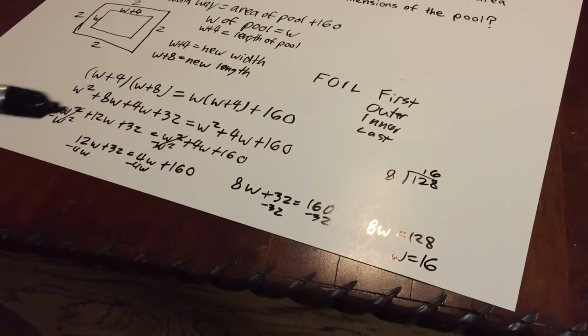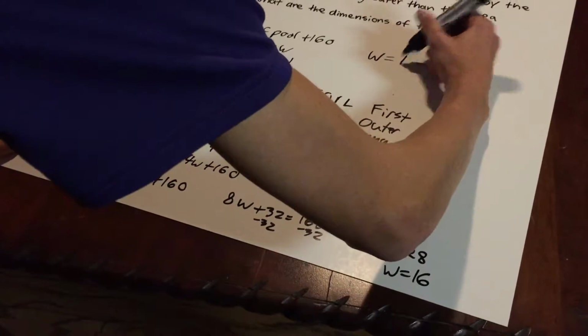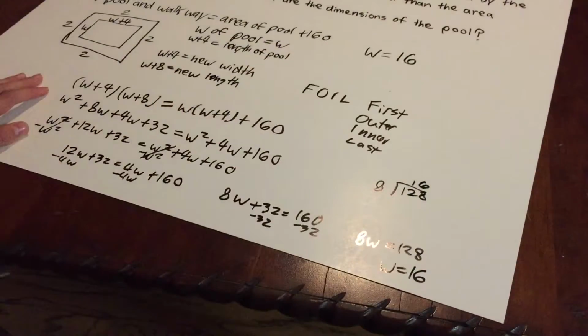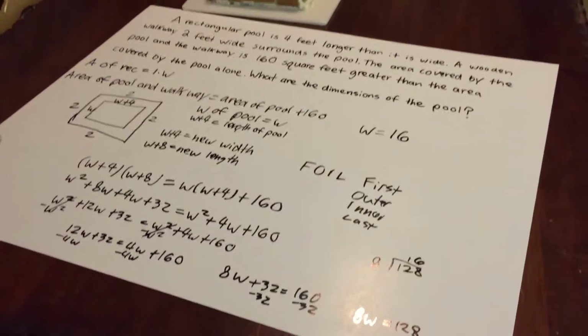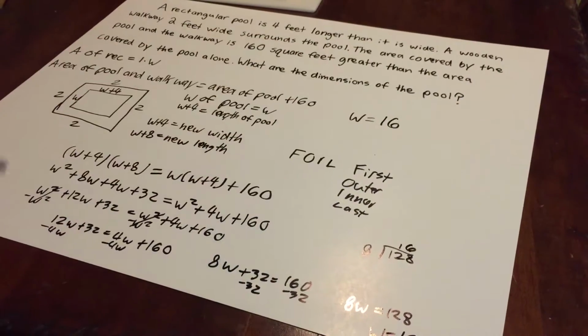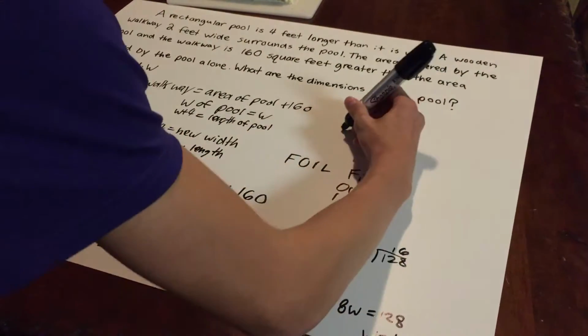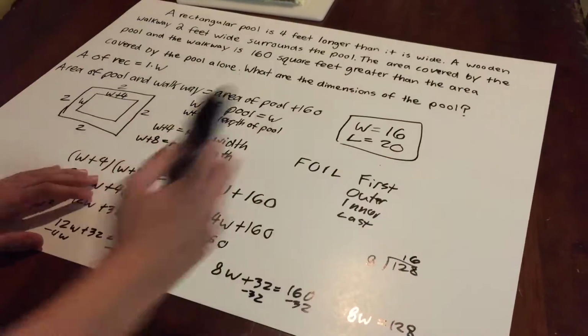So now that we have the width, we know the width equals 16, and we know that the length is 4 plus the width. So 16 plus 4 equals 20. So the length equals 20. And that has solved the problem.